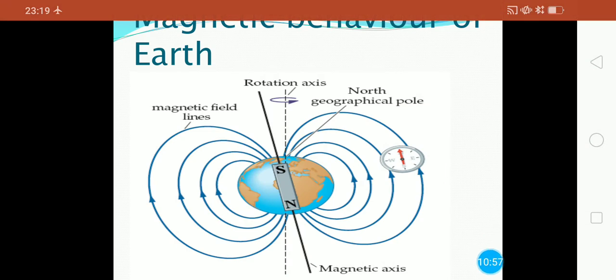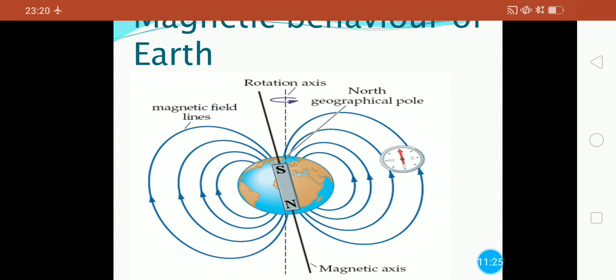When a bar magnet is freely suspended with the help of a thread and is rotated, then after various rotations it always aligns along the north-south direction, always, not any other direction.